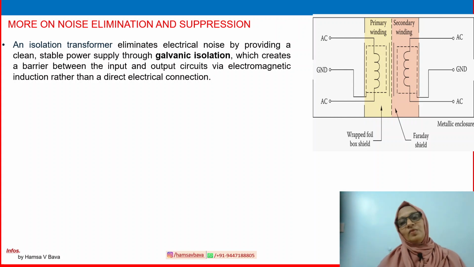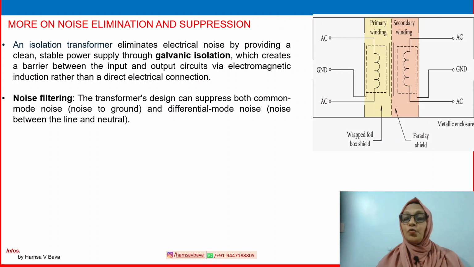We will see in a transformer how they are magnetically coupled, not electrically coupled. That we will come to when we are dealing with another vast area used in most of the industries, transformers.